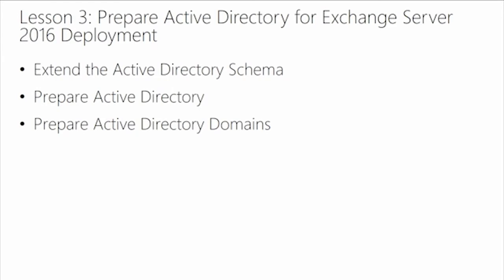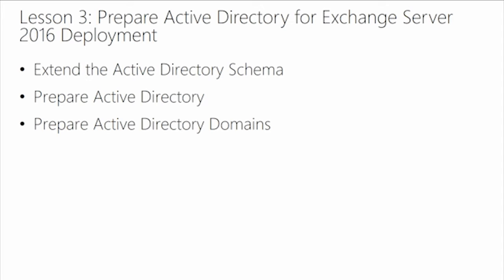So the next thing that you need to know when you install Exchange Server is you need to prepare your Active Directory for Exchange. And that's where you actually extend the schema and you add new objects or classes in your schema. And those classes are associated with attributes.